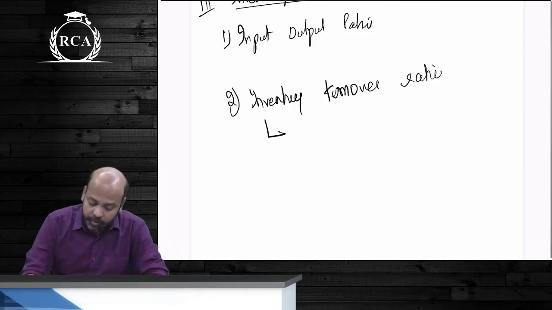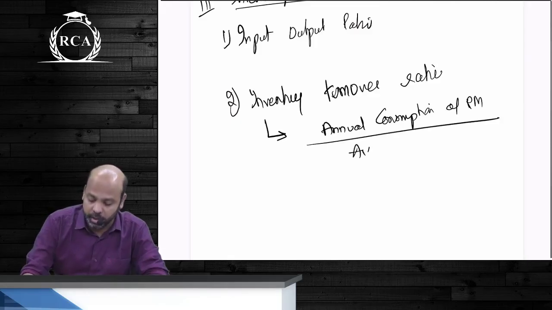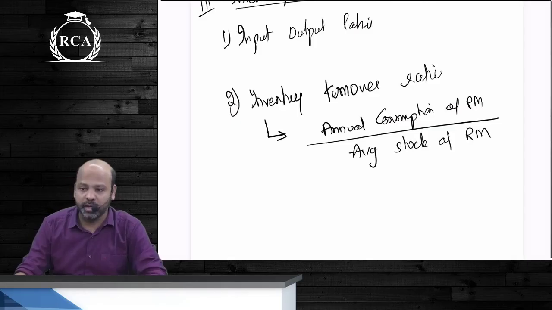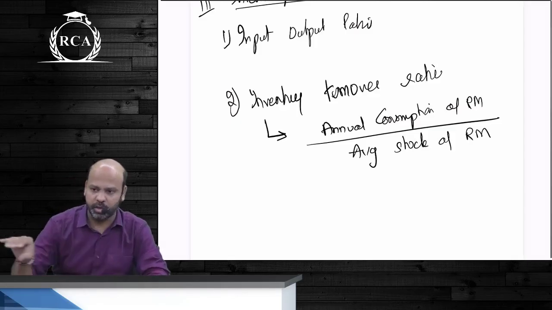So to compute inventory turnover ratio, you will write annual consumption of raw material. You do not take annual purchases. The reason is, let's say you bought material worth 12 lakhs and did not do anything during the year. The average stock you are maintaining throughout the year is 12 lakhs.